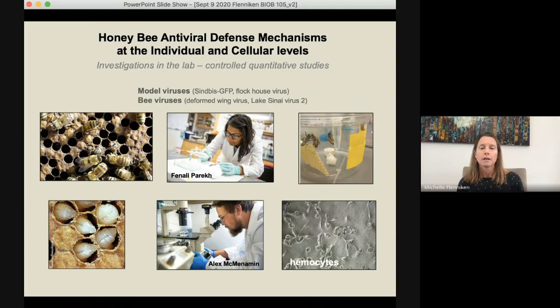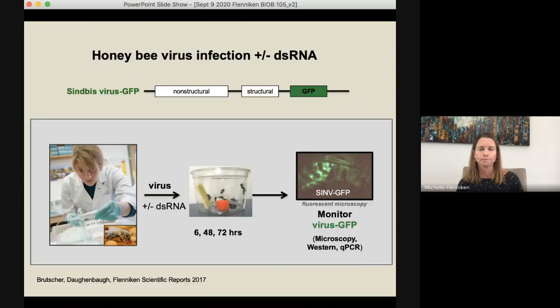Importantly, we use what are called model viruses. Those include mosquito and human infecting viruses, the Sindbis GFP, that's tagged with green fluorescent protein. Flock House virus is another commonly studied insect virus that we use. And then we also use bee viruses, including deformed wing virus and Lake Sinai virus too.